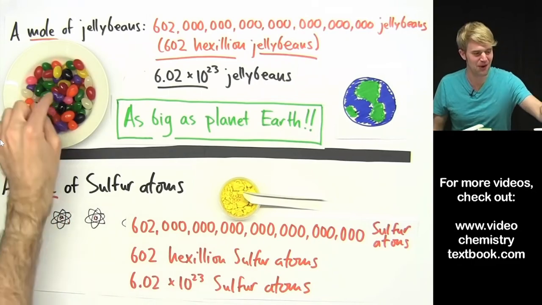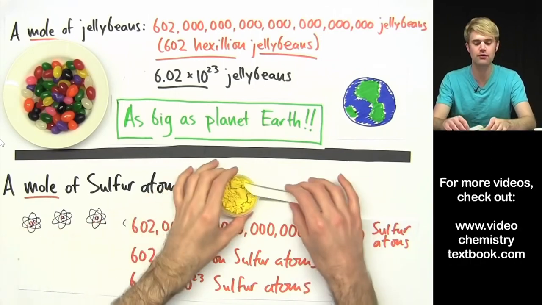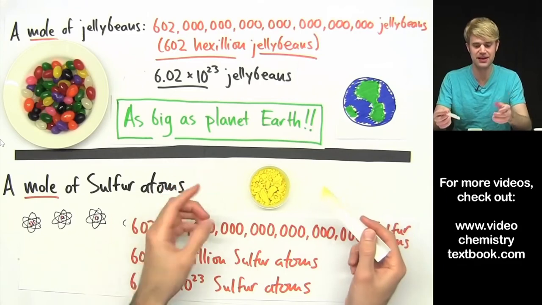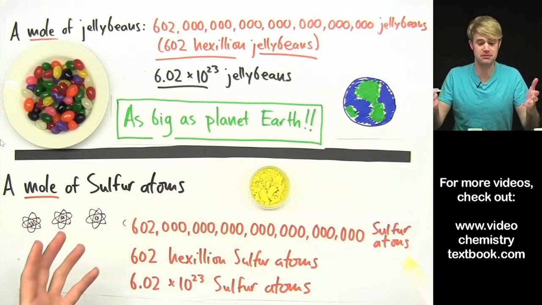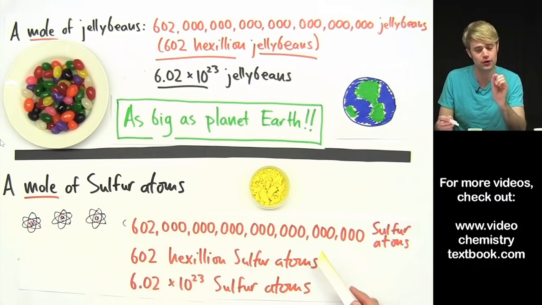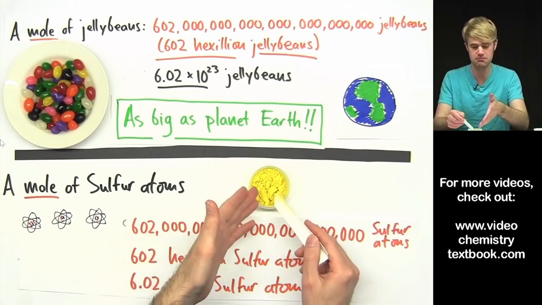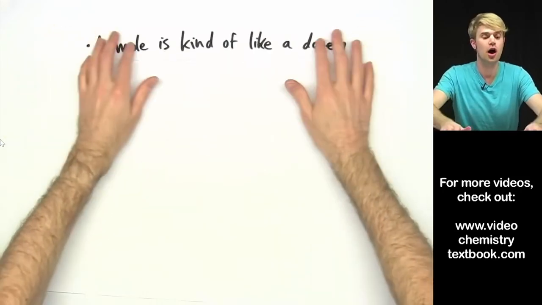A mole of these is the size of planet Earth, but a mole of these little sulfur atoms can fit in this dish. So when we're dealing with something as tiny as atoms, a mole doesn't actually take up that much space, because the things we're dealing with are so incredibly small that a giant number of them just isn't that big.